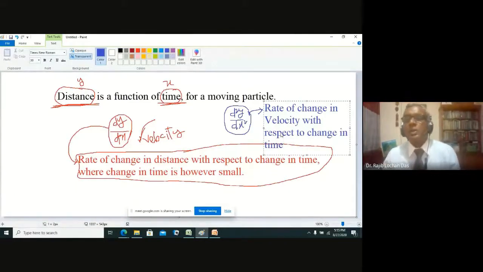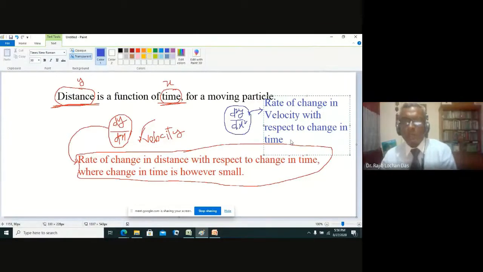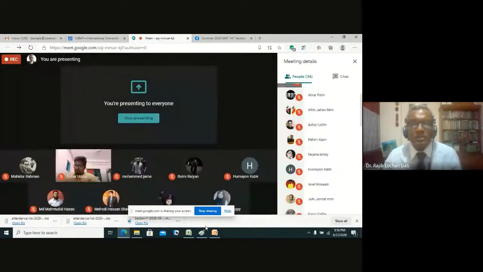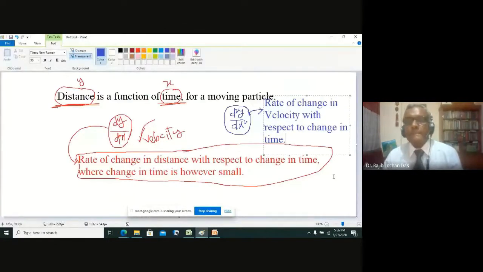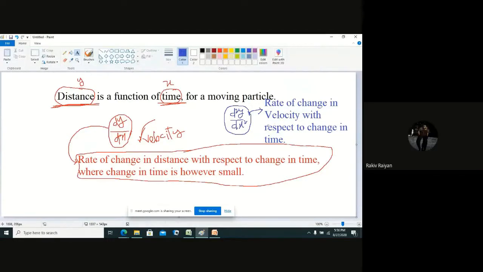Is that clear or not? Just try to understand this thing. If it is clear, then fine, then I am happy. Okay, I want you to understand this thing. Is that clear? Yes, sir.